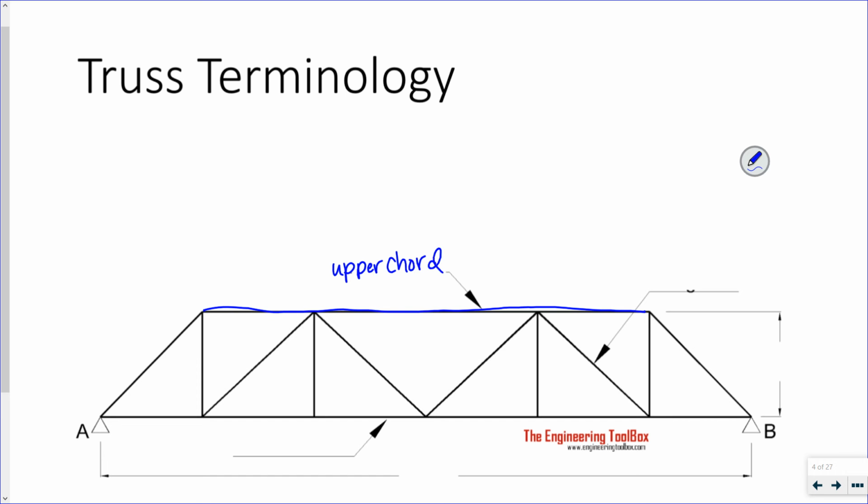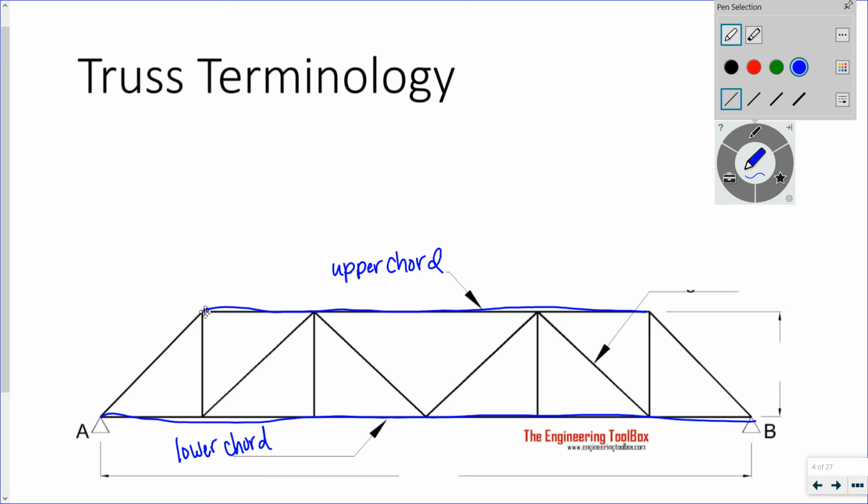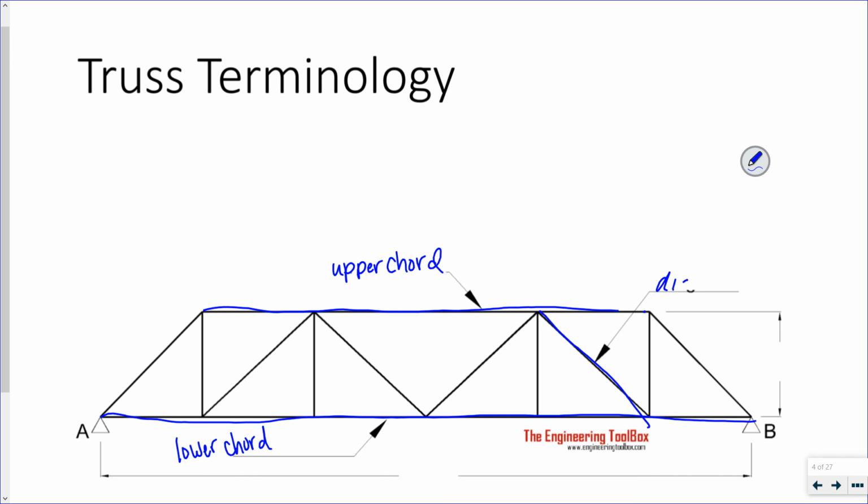The bottom is called the lower chord, right? Makes sense. Then we have these diagonal members called diagonals. Very original.